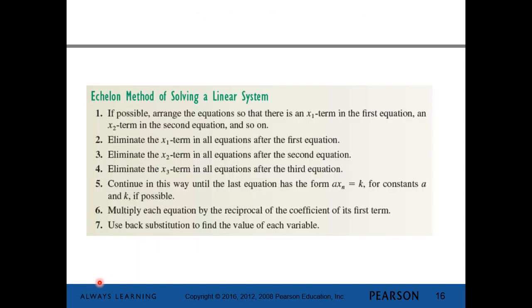So now here is the echelon method of solving a linear system. The first thing is, if possible, arrange the equations so that there is an x1 term in the first equation and an x2 term in the second equation, and so on. So you want to line up all of the x variables and then line up all of the y variables.